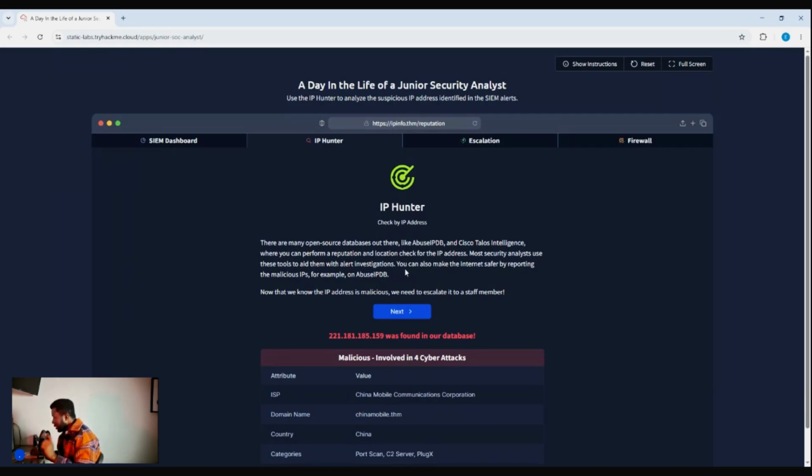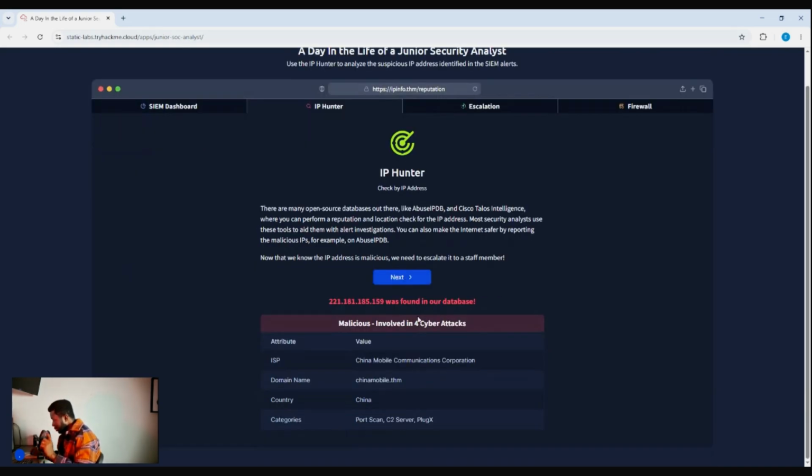And in this case, it is coming back as being malicious, because here we can see that it is malicious and it has been involved in 4 cyber attacks. Now, they said the internet service provider for this IP address is China Mobile Communication Corporation. Okay, the domain name is chinamobile.tm. The country is China. Okay, and category is PortScan, C2 server, plug X.